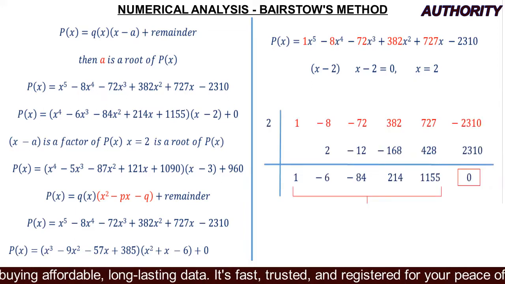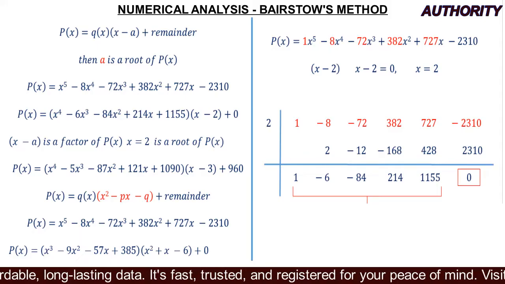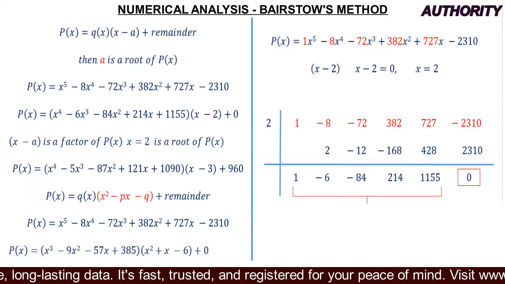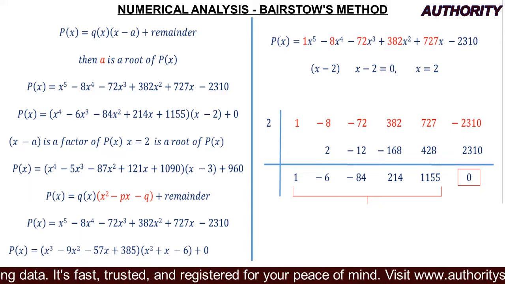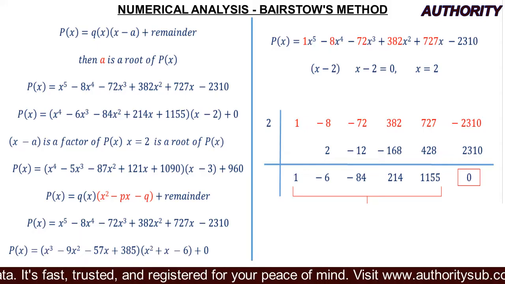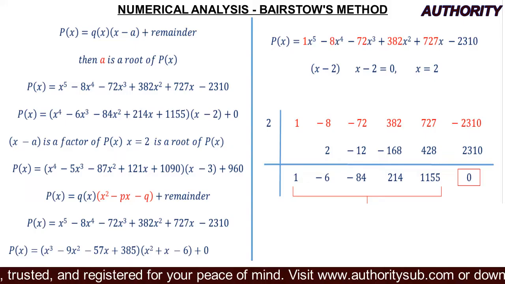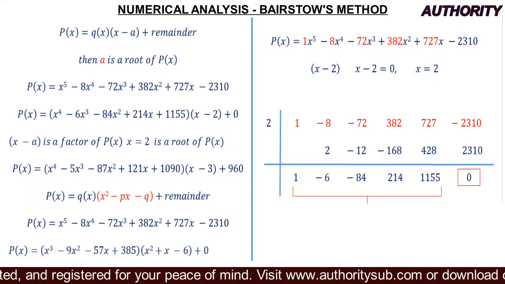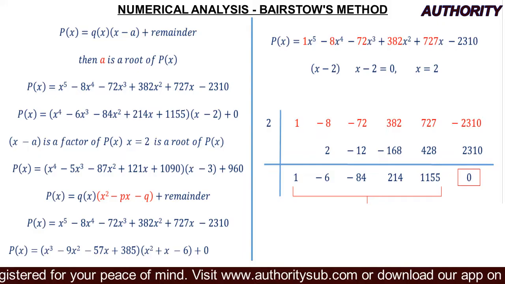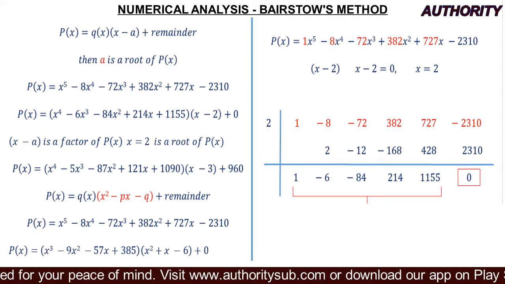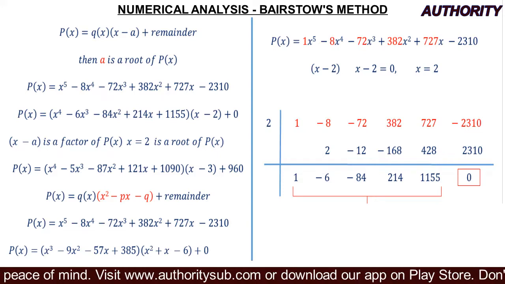Coefficients of x, we have 1, minus 8, minus 72, 382, 727, and minus 2310. Okay, and then here we have the factor x minus 2, or we say a divisor. So we equate this to 0. Now when we equate it to 0, we have what? x is equal to 2. Now that means we have 2 by the side of this table.